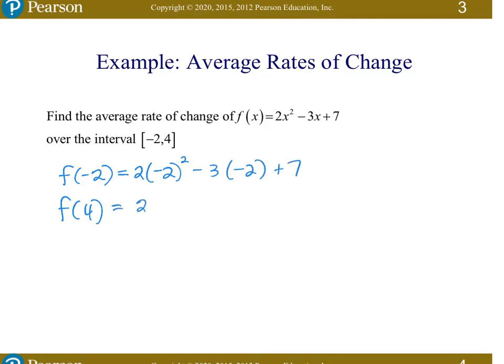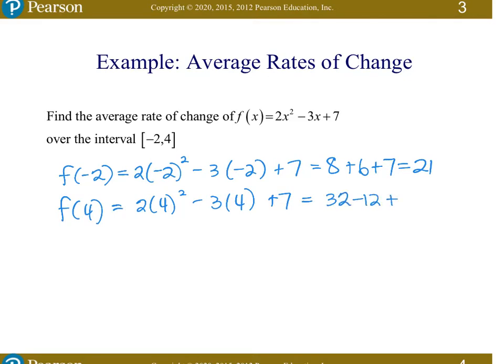And then the other one would be 2 times 4 squared minus 3 times 4 also plus 7. So we're looking at 8 plus 6 plus 7. So 14 plus 7, we're looking at 21. And then the other one is 32 minus 12, that's 20, plus 7, so we're looking at 27.